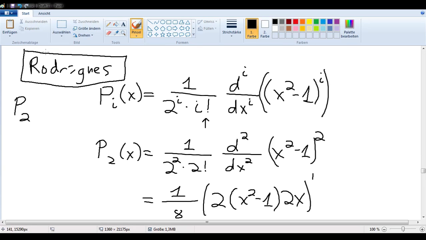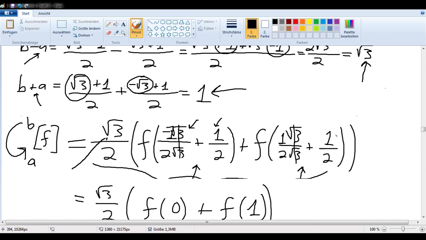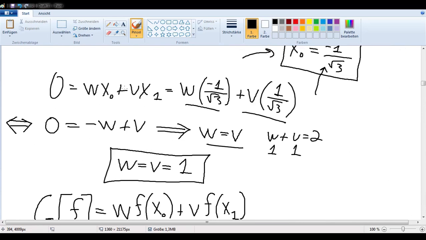polynomials. Now, one last question that you might have is, you might say, great, well now we know what points on the curve we need, because the zeros of these polynomials give us those, but we still don't know what the weights are. You'll remember back a few videos that we wanted to determine what this w and this v were in order to determine what our rule would be.